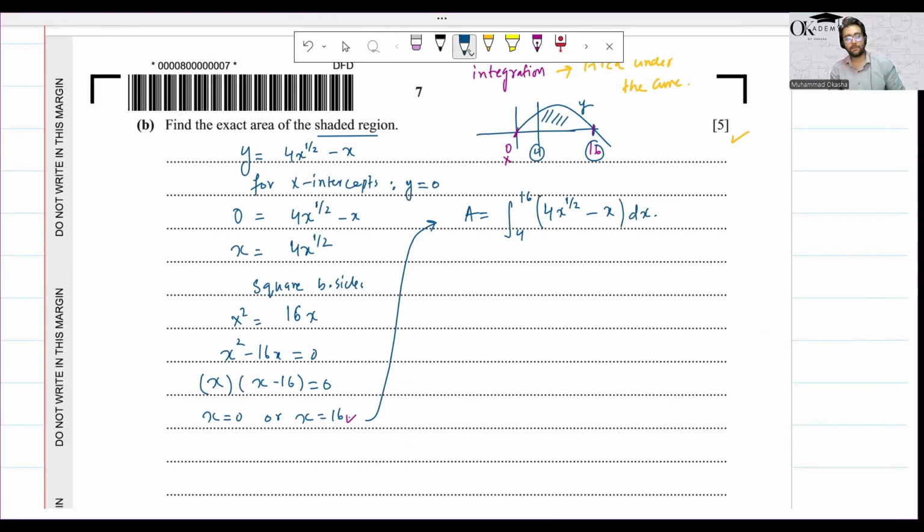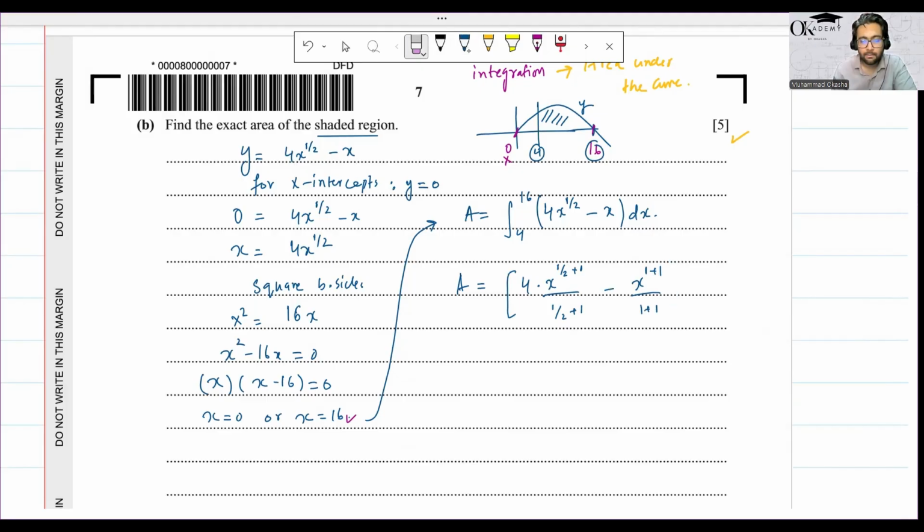I'll integrate this function. So I'll do the integration first and then apply the limits of integration. I hope you remember integration, which is 4 stays over here, x to the power of (1 over 2 plus 1), over (1 over 2 plus 1), minus x to the power of (1 plus 1) over (1 plus 1).